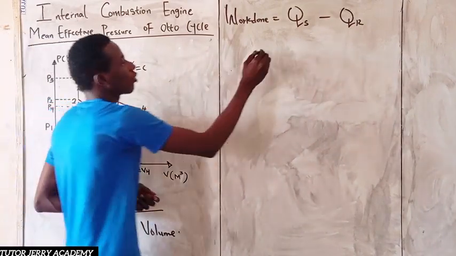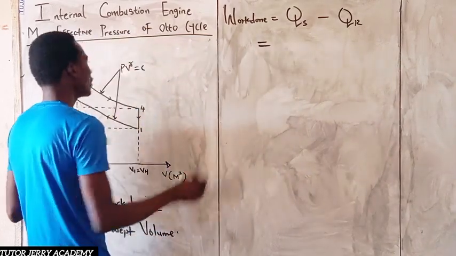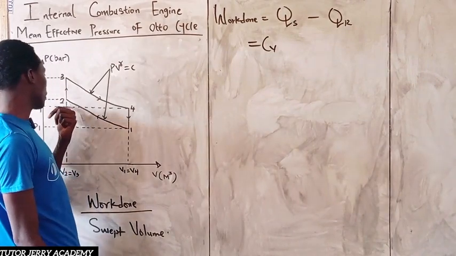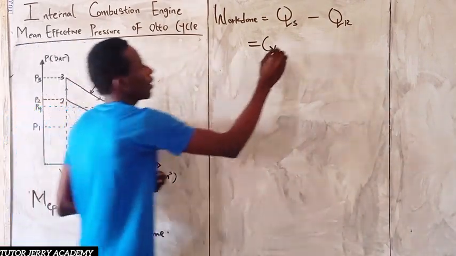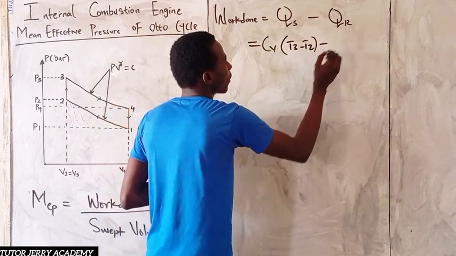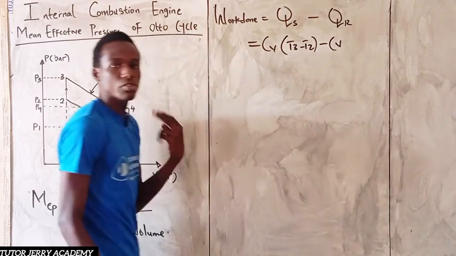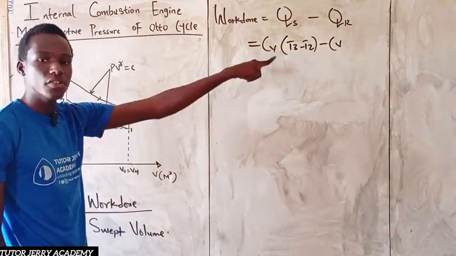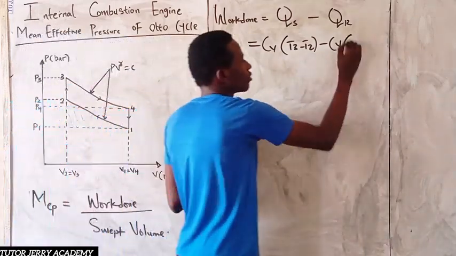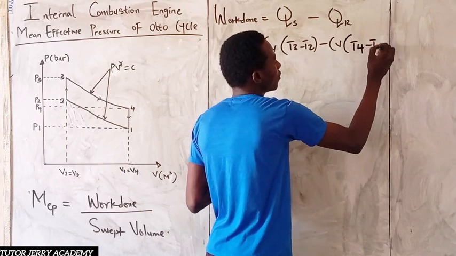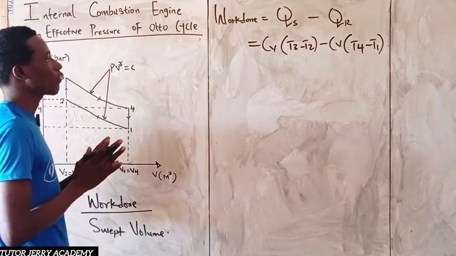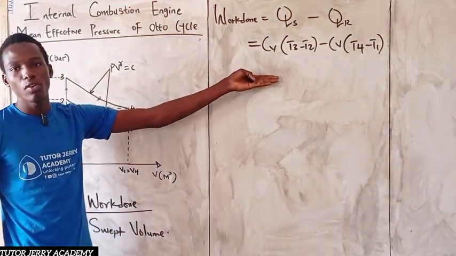So my work done will be equal to CV, that is heat supplied at constant volume from state 2 to state 3, into the bracket of T3 minus T2, close bracket, minus CV. Heat is also rejected at constant volume, so we have CV there from state 4 to state 1, which is T4 minus T1. I hope you understand this. So, of course, this is my relation for work done.